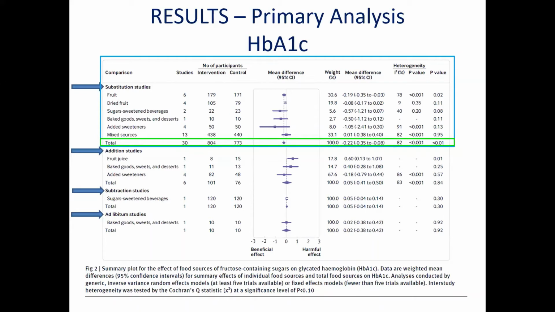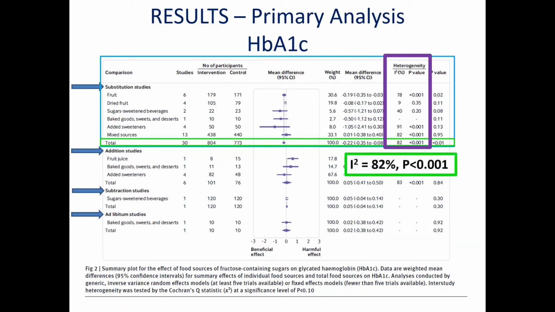In the summary plot in my example, which is figure 2, heterogeneity is presented to the right of the forest plot. Looking at the total, I can see here that the heterogeneity of the overall total effect estimate is 82%, which is considered substantial and is significant with a p-value for heterogeneity at less than 0.001.